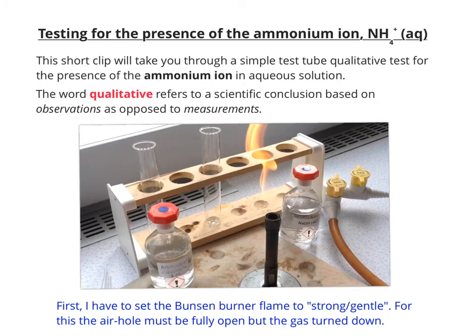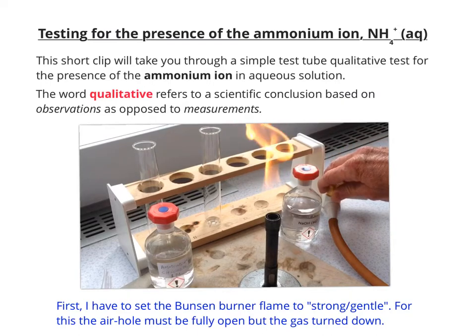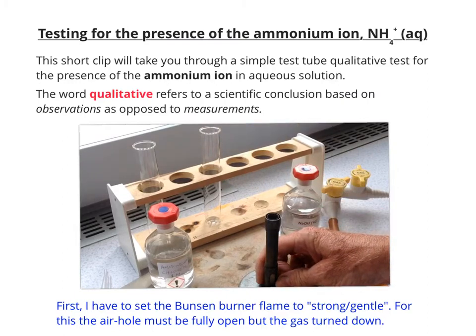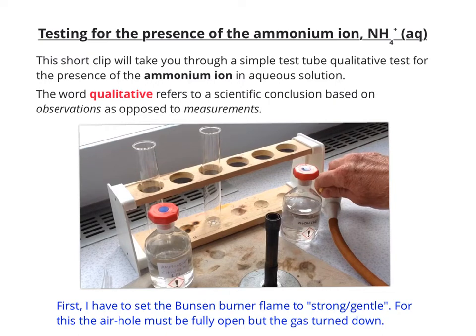And I have to turn the air hole to fully open to allow the full supply of oxygen to be drawn in. But first I'm just going to turn the gas down slightly. So you can see the flame getting a bit smaller. So you can hear the roar of the flame now.